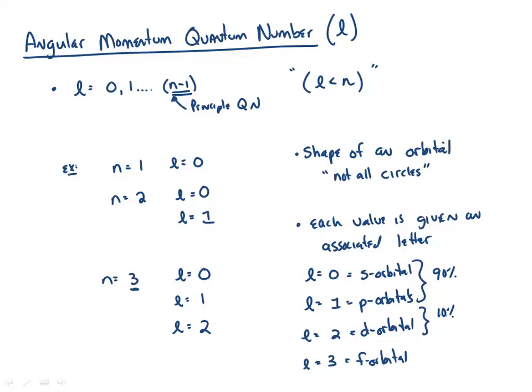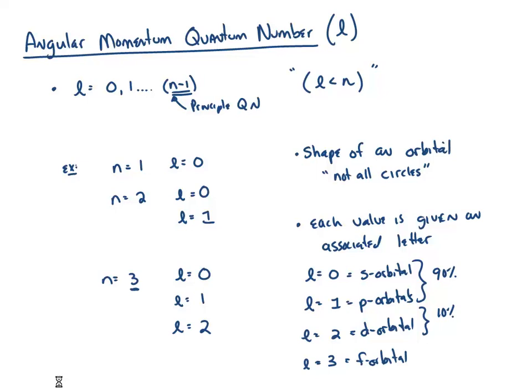S stands for the strong lines, the lines that are very bright in the spectrum. P stands for the principal transitions, which means nothing. This is all coming from the line spectrum notation, and D stands for the lines that are more diffuse, that aren't as bright. So we don't have to worry about where S, P, D, and F come from. We just have to associate in our head that we're going to have S orbitals, P orbitals, D orbitals, and F orbitals.